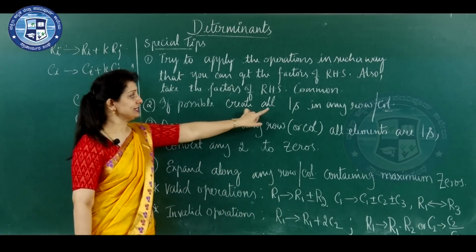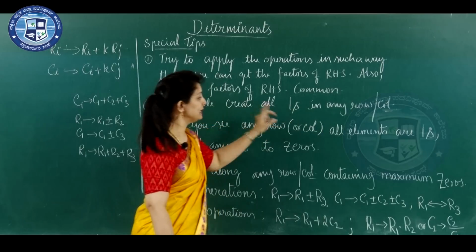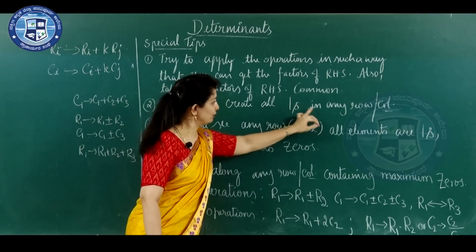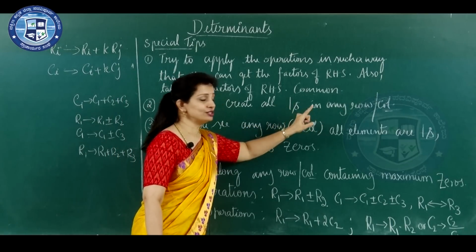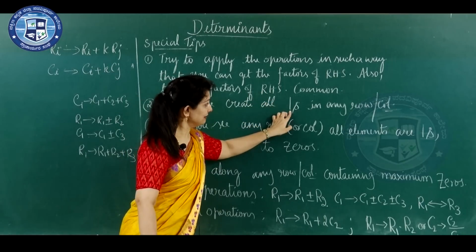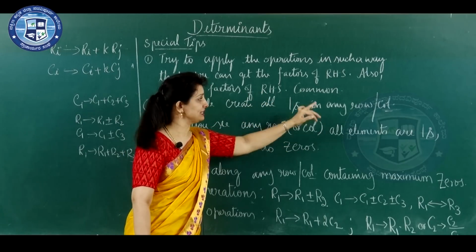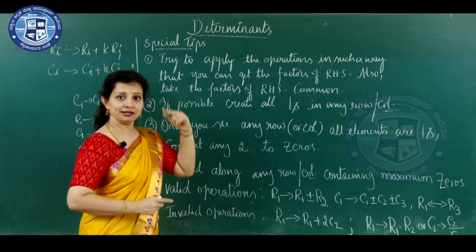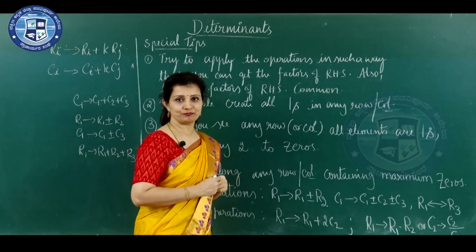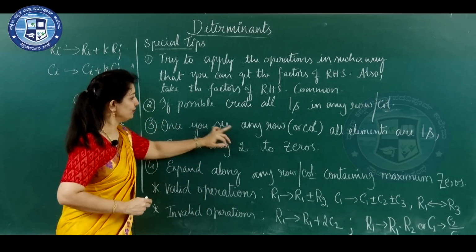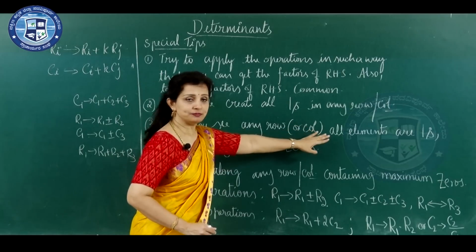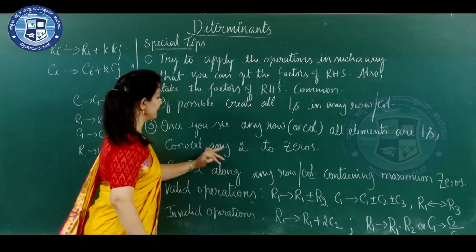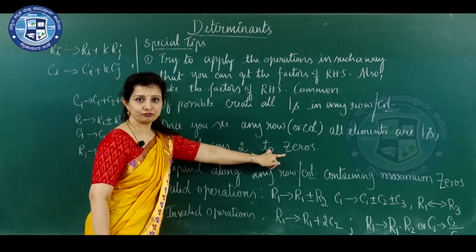And once you get ones in any row or column, subtract the two elements. If 1 1 1 is there in the first row, subtract the two columns. If in any column each element is 1, subtract the two rows. In that way, you have to subtract two rows or two columns to convert ones in such a way that you will get two zeros.